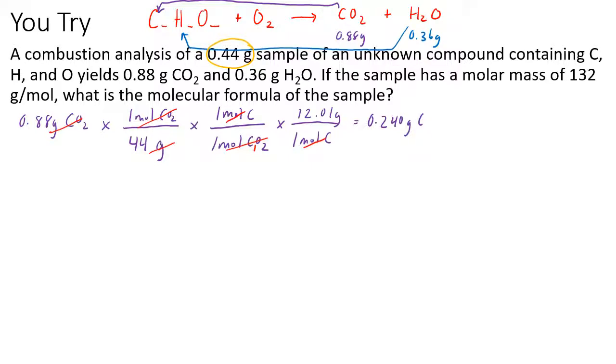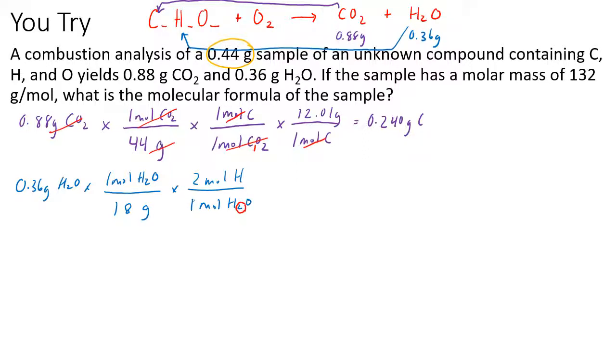Next, we need to figure out how much hydrogen ended up in our water. So starting with 0.36 grams of H2O, convert our mass of water into moles of water using the molecular mass. And 1 mole of water is 18 grams. 1 mole of water is 2 moles of hydrogen, looking at our subscript in the formula.